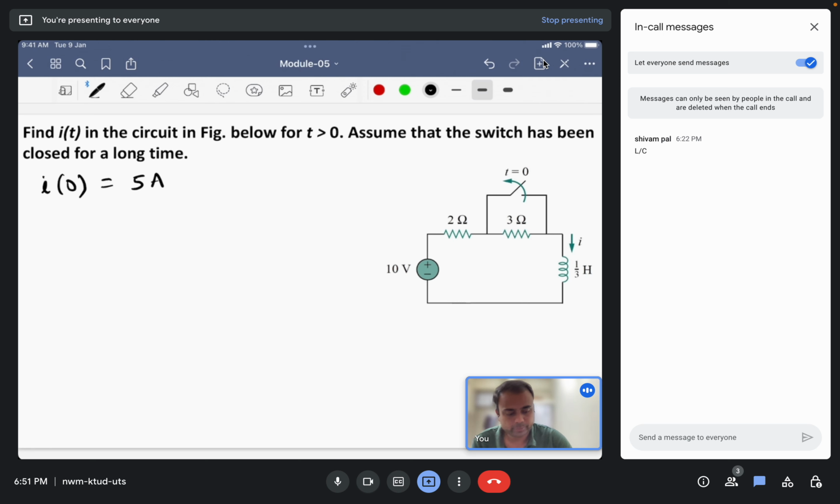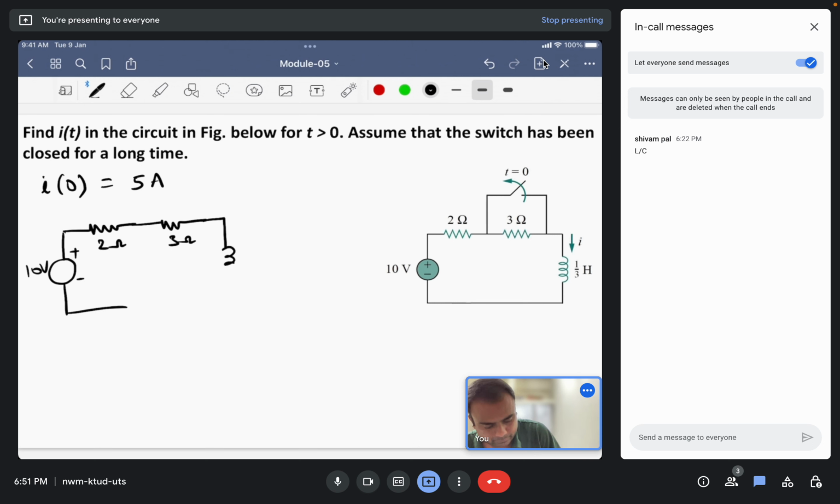When the switch has been opened, we'll have a 10 volt source, a 2 ohm resistor, a 3 ohm resistor, and finally an inductor of 1/3 henries. Let us first find the time constant tau for the circuit. Can anyone tell what the tau for the circuit is? This is an RL circuit. The time constant for an RL circuit is given by L/R.